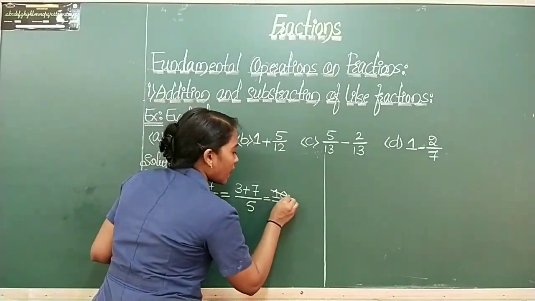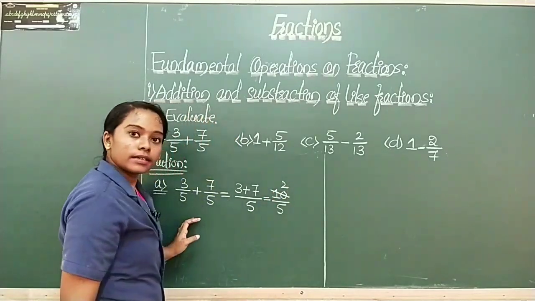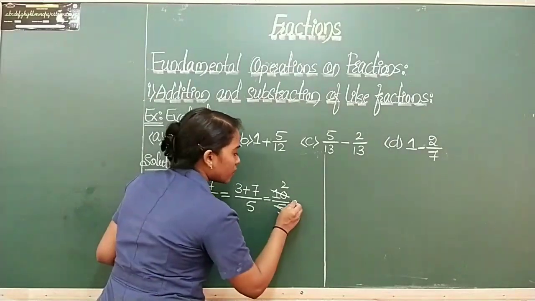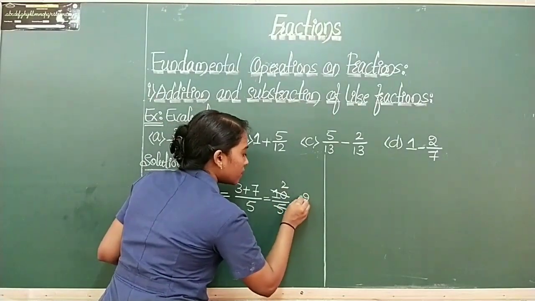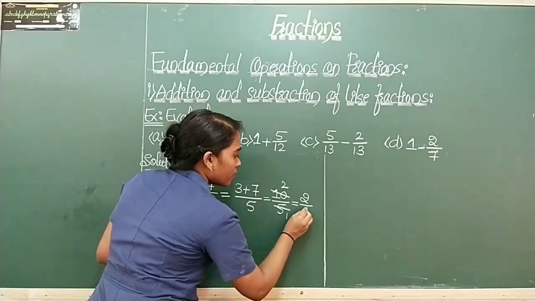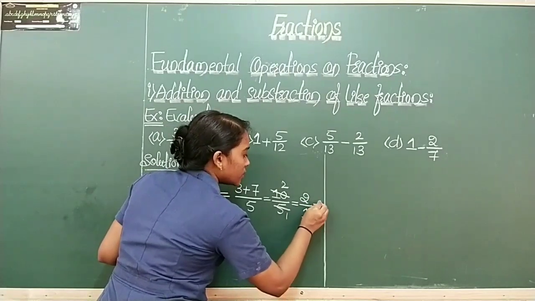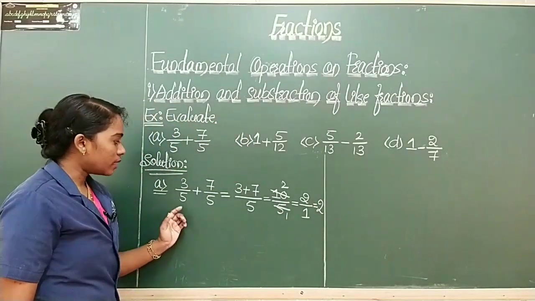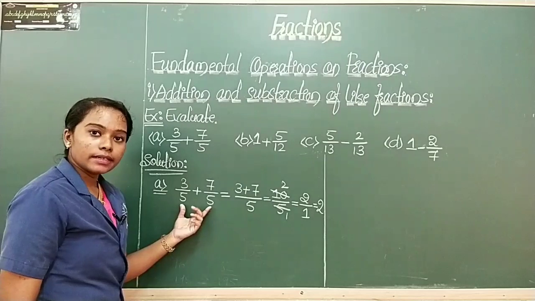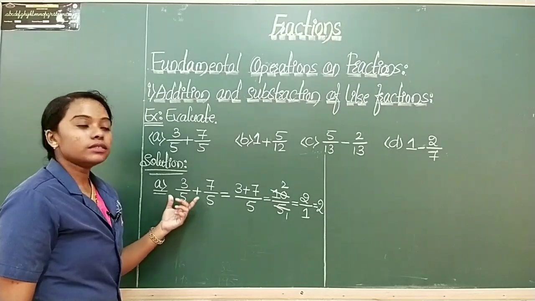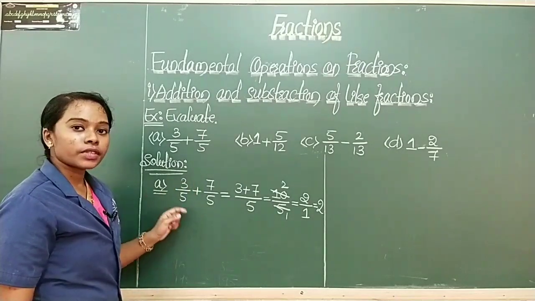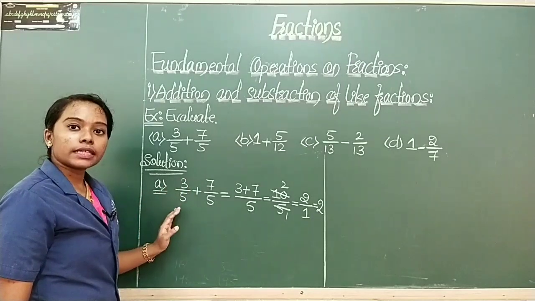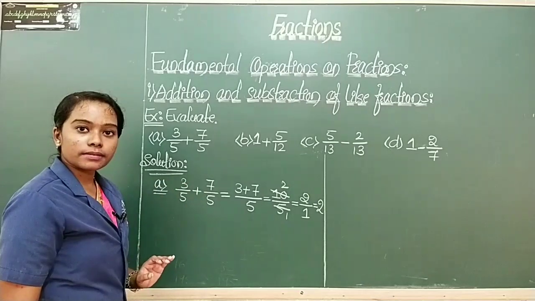Yes, 5 2s are 10, 5 1s are 5, which is equal to, we are left with here 2 by 1, which is nothing but 2. In this way, you have to add the given like fractions. You just have to add the numerators and keep the denominator as it is.